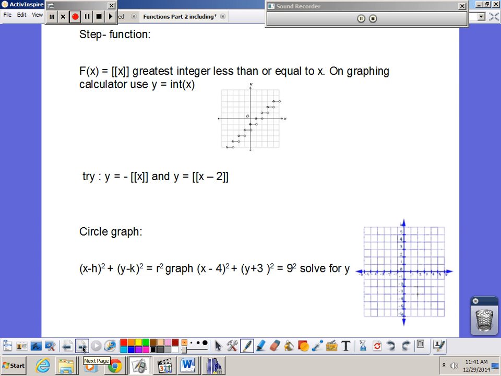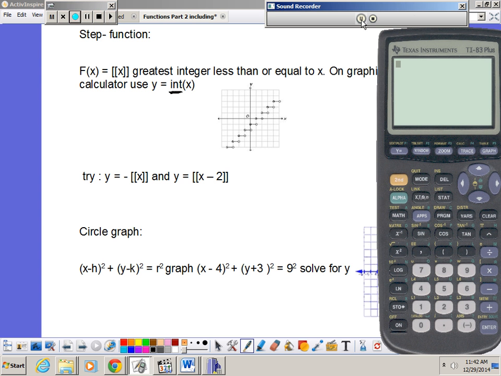Okay, this is a step function. A step function is the greatest integer less than or equal to x, and on the graphing calculator you can do it under int. Okay, so I put the graphing calculator up. So y equals, clear that out. I'm going to hit math, num, and go down to int.